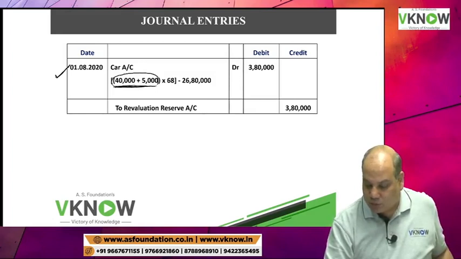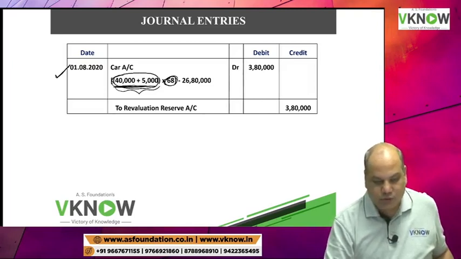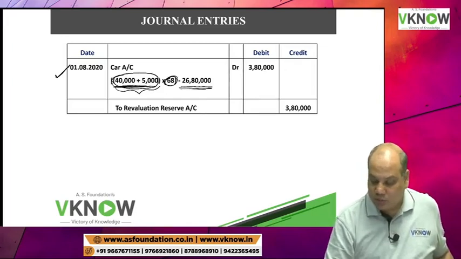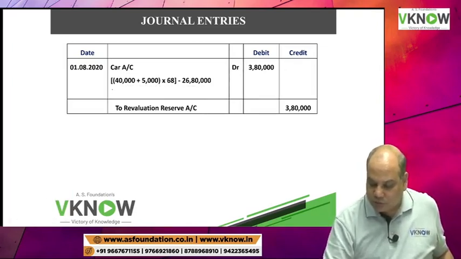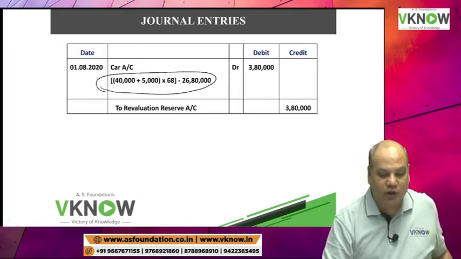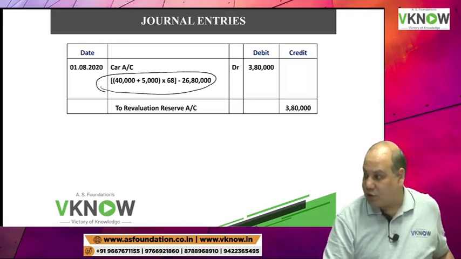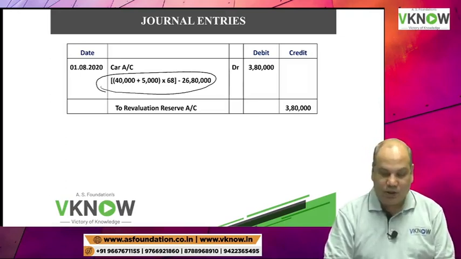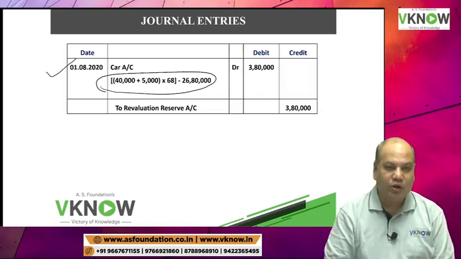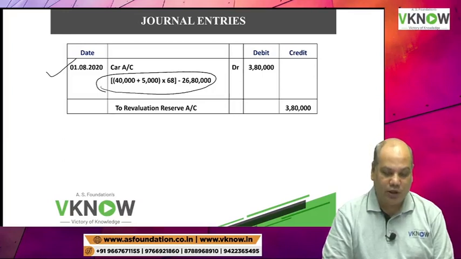We are going to apply the exchange rate today on the entire amount minus the book value. Similar problem we have done. So the final answer is 3,80,000. Sanket is right. To revaluation reserve 3,80,000. So car has already been revalued. Car is not required to be revalued again.